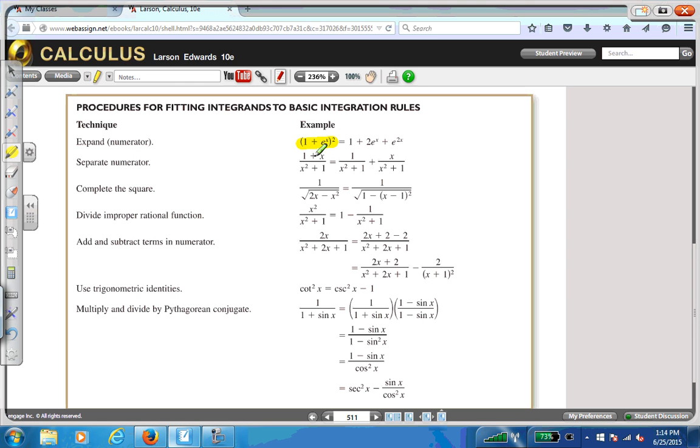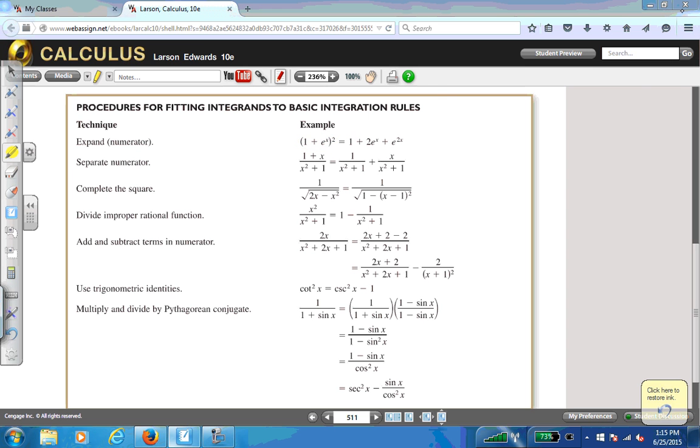One, if we have something raised to a power, if the inside part is not u, it might be that we just need to multiply that out. Sometimes if we have multiple terms on top, we might need to break it into separate fractions, one term over the denominator, another term over the denominator, and integrate them separately.